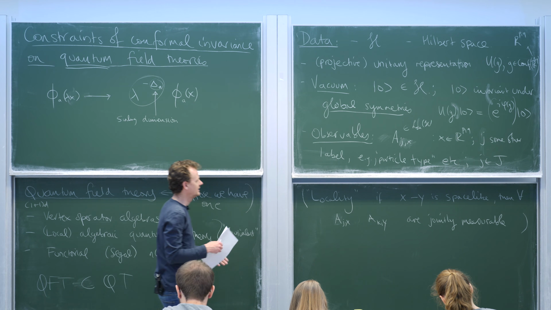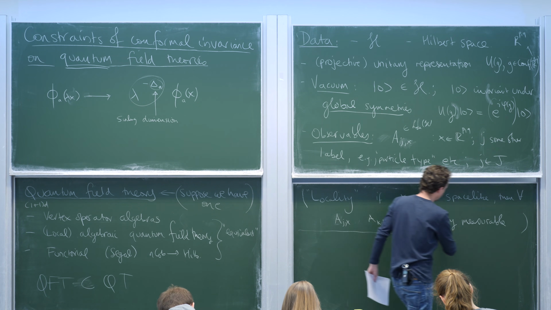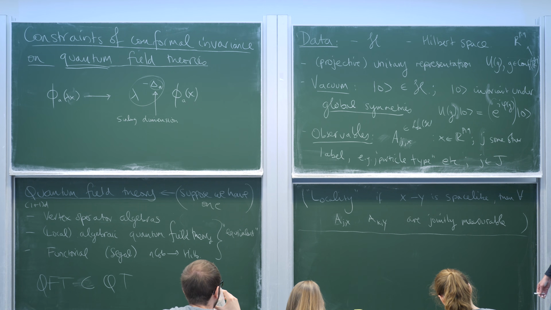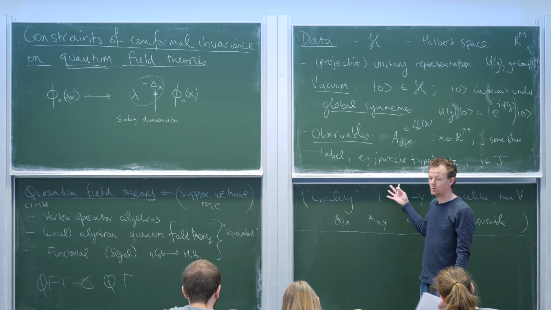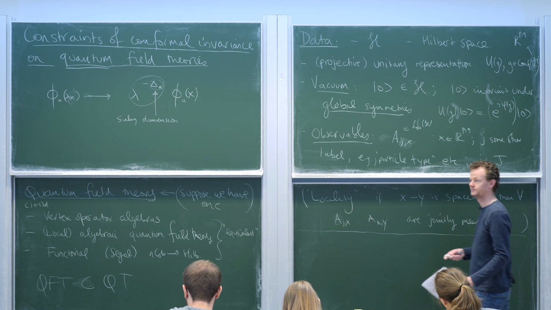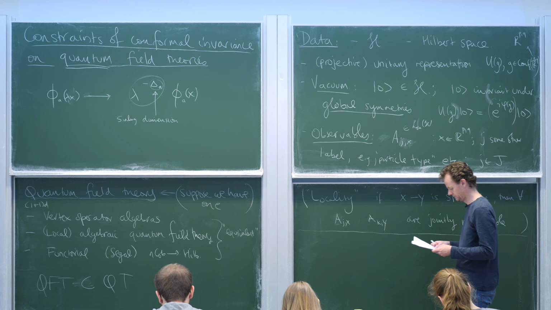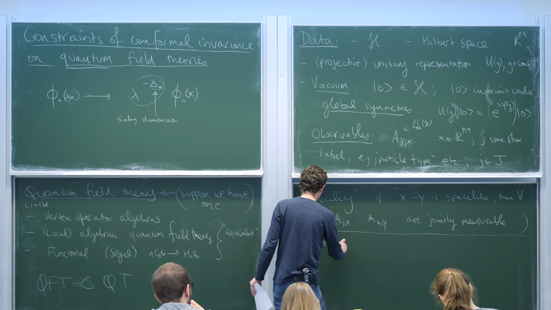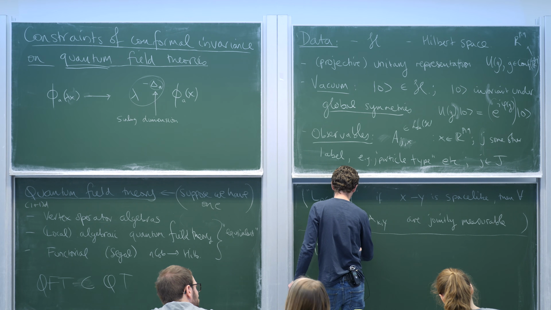Let's now take a lesson from what we learned about classical representations of the conformal group and require even more. So we're going to introduce a certain subset of these observables called quasi-primaries.